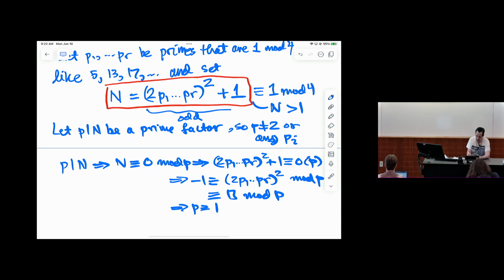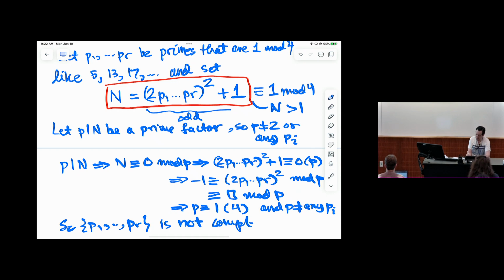So whereas in the previous proof, n had some prime factor that was 3 mod 4, actually what's happening here is every prime factor of this n will be 1 mod 4. And we already pointed out P is not one of the p_i, so this list of primes that are 1 mod 4 is not the whole list.